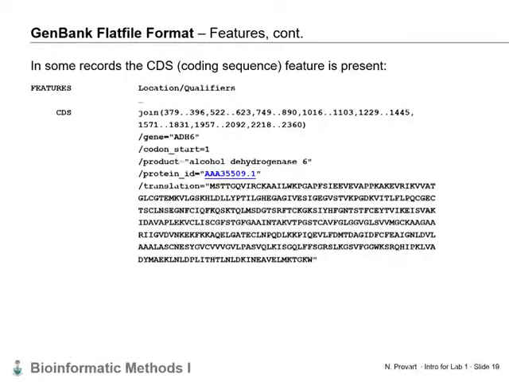All right, in some GenBank records, you'll see the CDS coding sequence feature present. And in the case of this ADH6 record, we have to join these parts of the nucleotide sequence to get the coding sequence. And then you'll often see a computational translation of the coding sequence into its corresponding protein sequence.